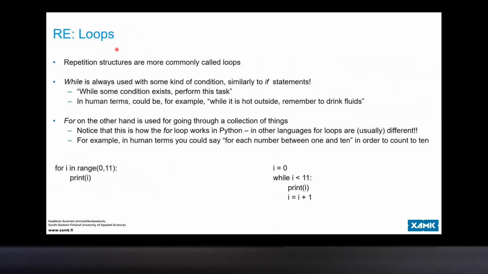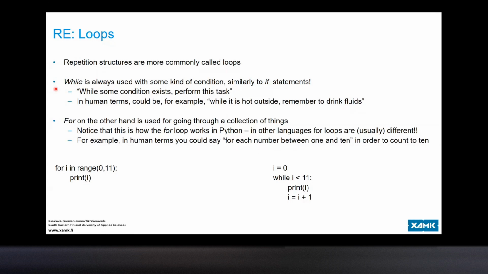Loops, on the other hand, were used for repetition. So if you had some task that repeats, you can automate that repetition using a loop. And if we remember from last week, while loops are used when we have some kind of condition similar to the if statement, where you can say that we should repeat some action until this condition becomes untrue.